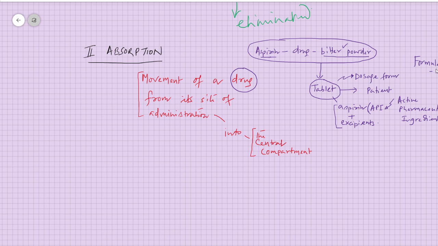So now we can say what formulation is: all the processes involved in combining the active pharmaceutical ingredient with the excipients to form a dosage form. So drugs are administered to patients as dosage forms.